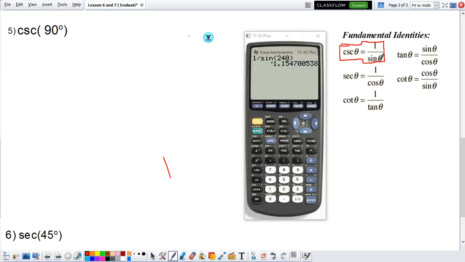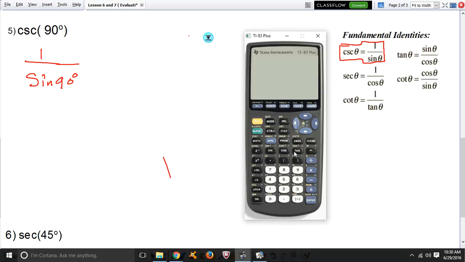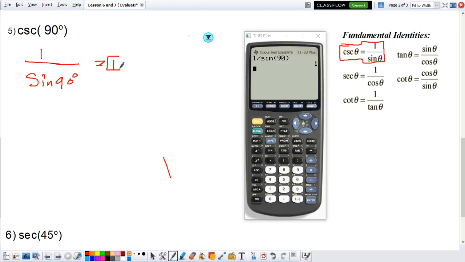Cosecant I can rewrite as 1 over sine, so cosecant of 90 degrees is the same as 1 over sine of 90. What does that give me? 1 divided by sine of 90 gives me 1. Why is that? Because the sine of 90 is equal to 1, and 1 divided by 1 is equal to 1.